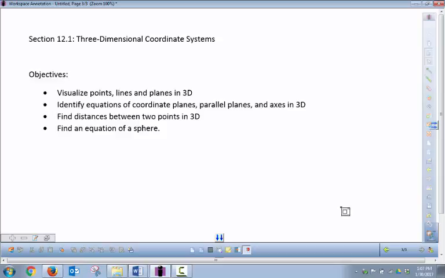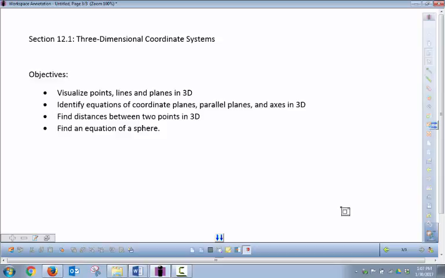And we also want to identify some basic equations in 3 dimensions and identify the coordinate planes and things like that. And then part of what you guys did in the lab were some distances in 3 dimensions also, and midpoints and stuff like that. So let's try to jump into doing stuff like that.